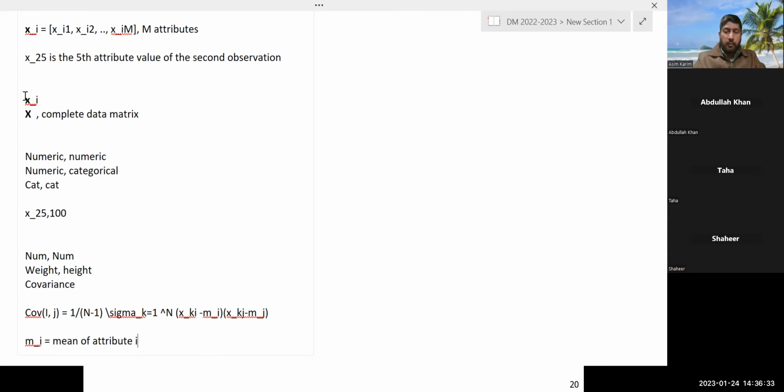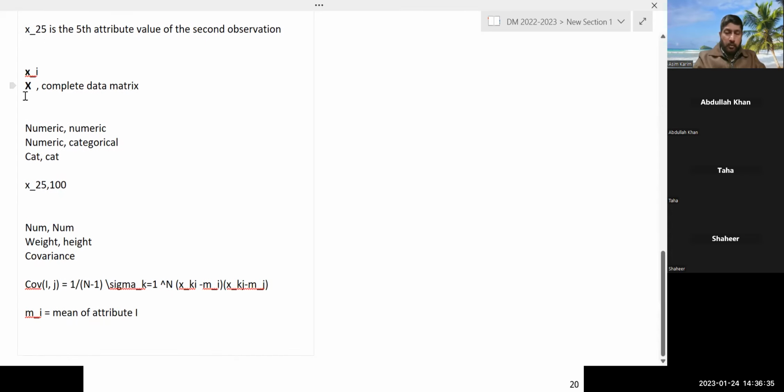If you divide covariance with the standard deviation, so covariance ij divided by the standard deviation std of I and the std of j, this is actually your correlation. ठीक है.